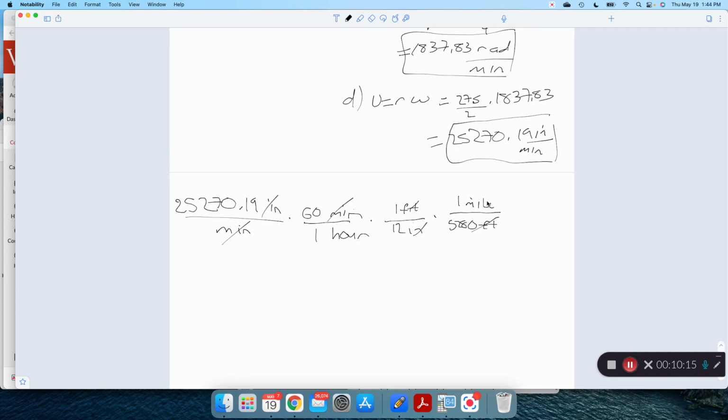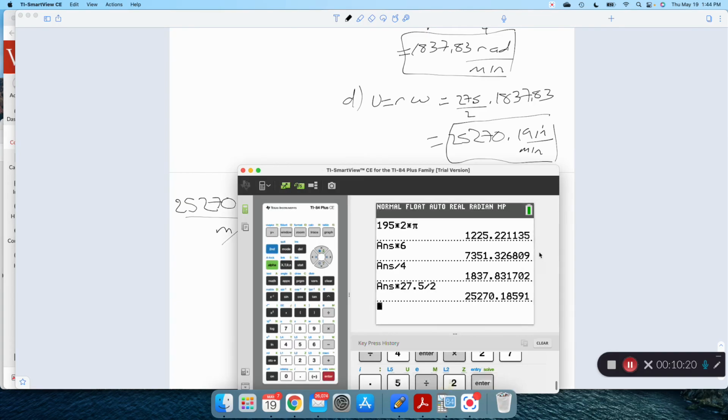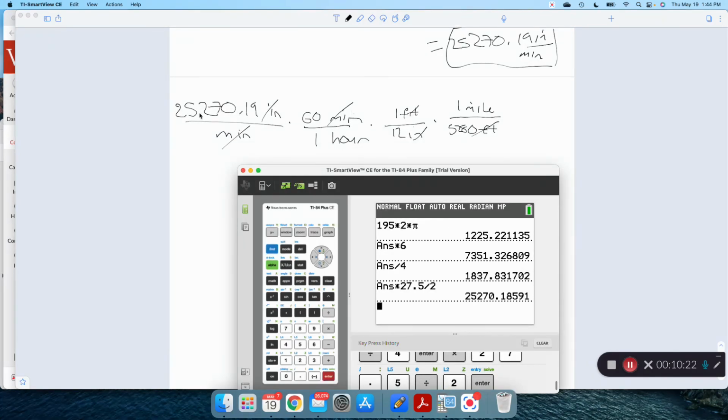So now I just multiply across the top and across the bottom. So on the top, I'm going to have that number that I just still on my calculator times 60, divided by, and of course times those ones, but that doesn't do anything, divided by these guys.